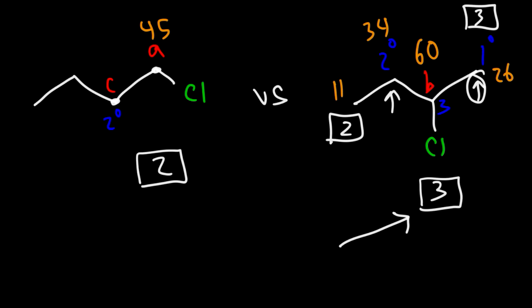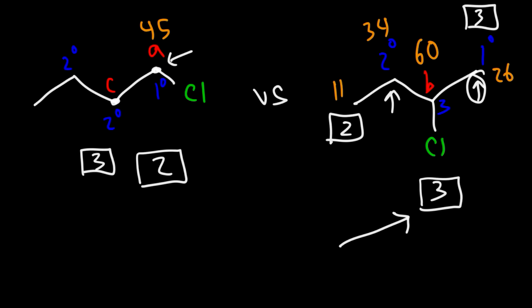Let's calculate the score values first. So carbon A, we said, has a score value of 2. Carbon C is adjacent to a secondary and a primary carbon, so we're going to give it a score value of 3. So C has the higher score value, but A has the electronegative atom. Which one is going to have the higher chemical shift?